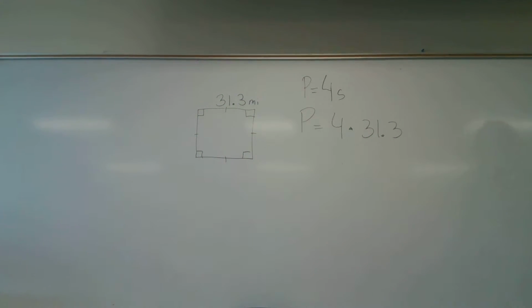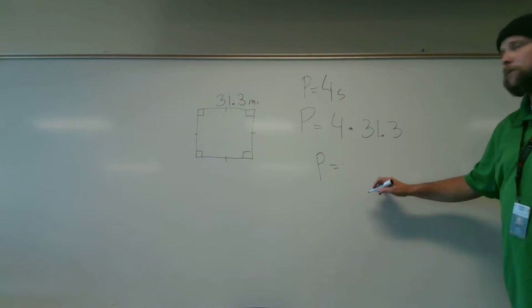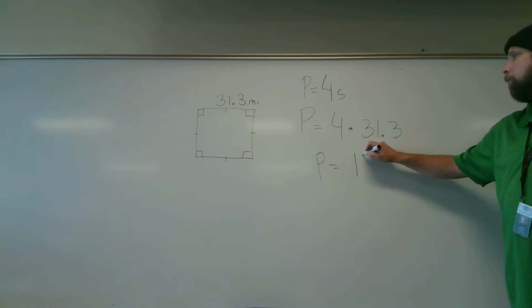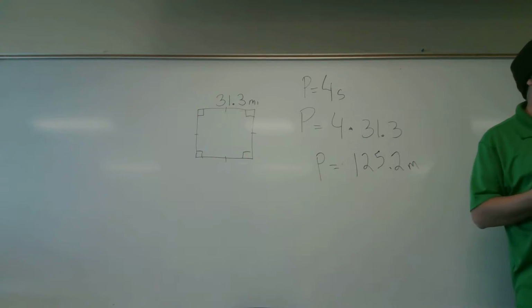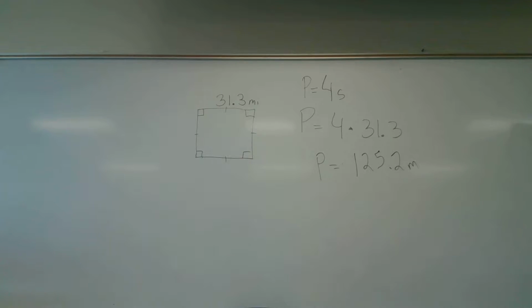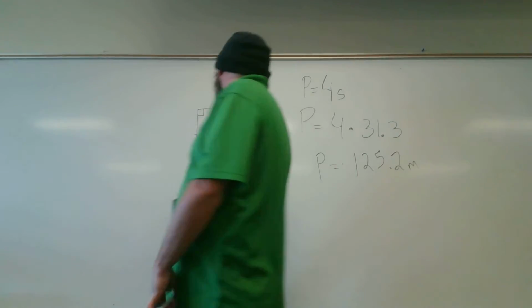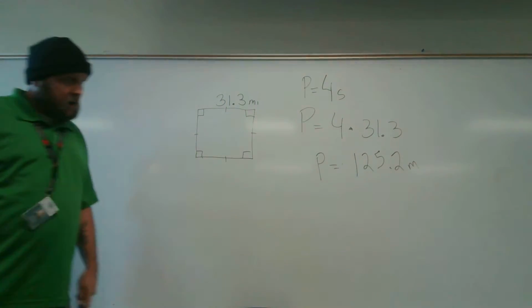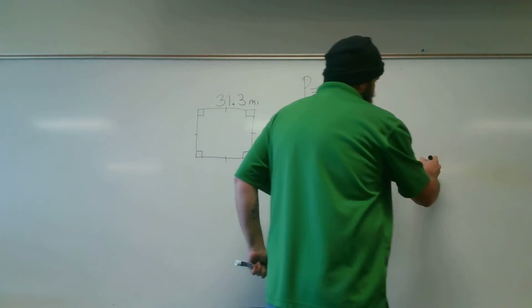Savannah, do you know what 4 times 31 3/10 equals? 125 and 2/10. Is she correct? Yeah. Okay. So the perimeter of this square is 125 and 2/10 miles.